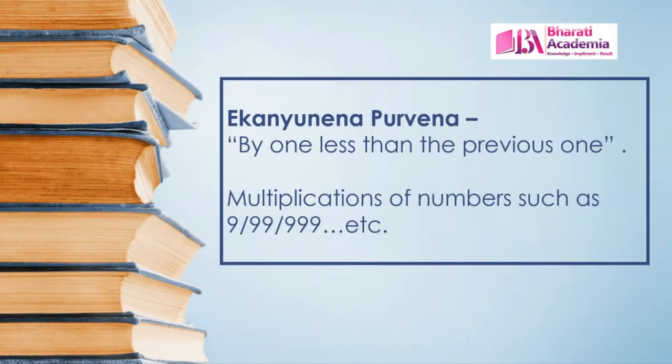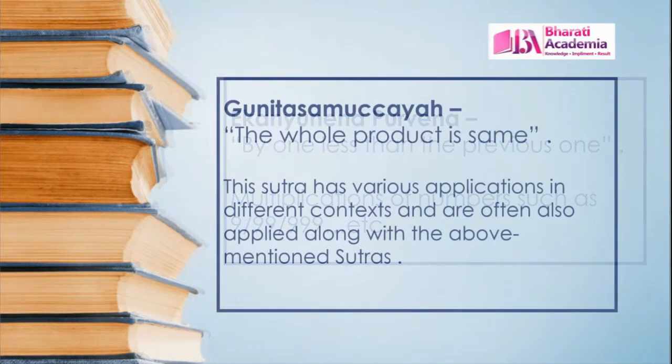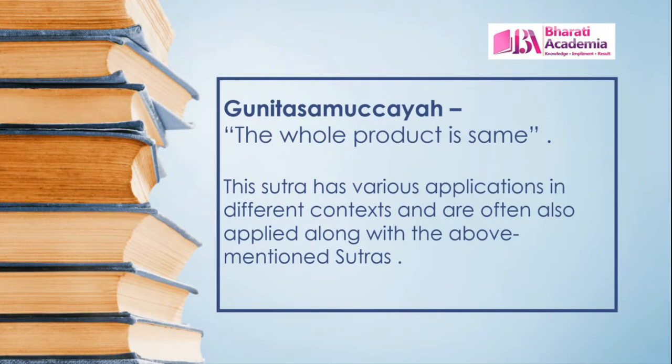Ekanyunena Purvena means by one less than the previous one. This sutra is used for multiplication of numbers such as 9, 99, 999, etc. Gunitasamuccayah. The whole product is the same.